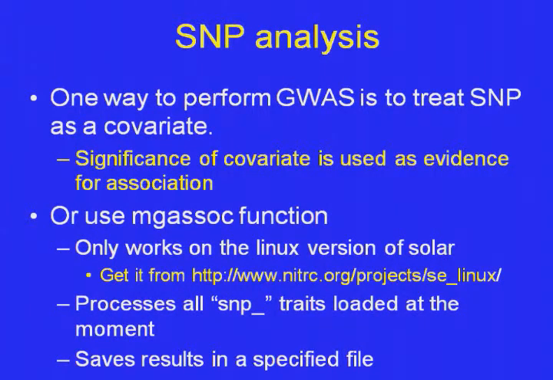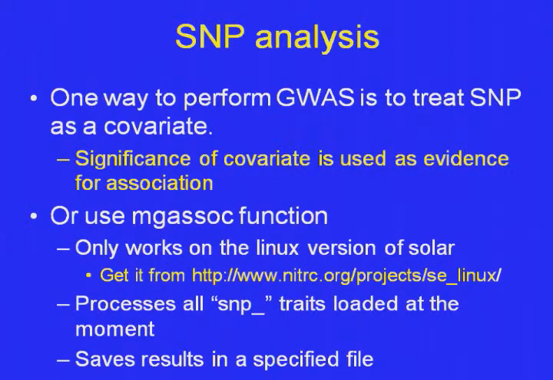There are several ways you can perform SNP association analysis. One of the simplest ways is to treat SNPs as covariates, and I think John Blangero is the one that suggested that to me. The significance of the SNP as a covariate can be used as the evidence for association. That's a quick and dirty way.